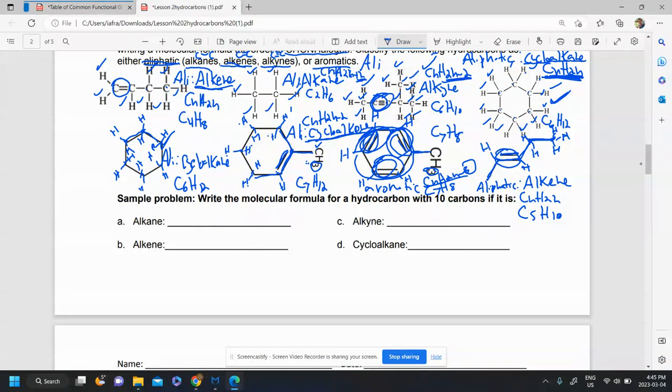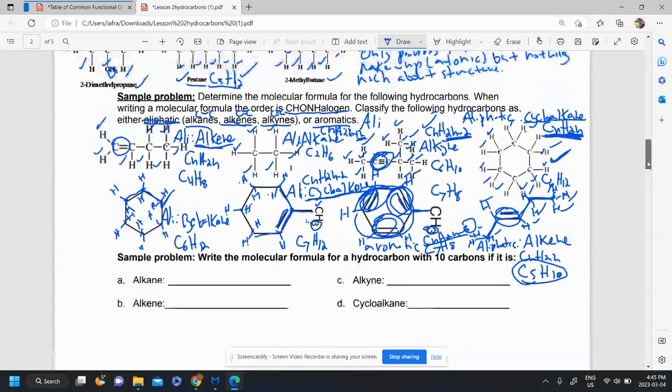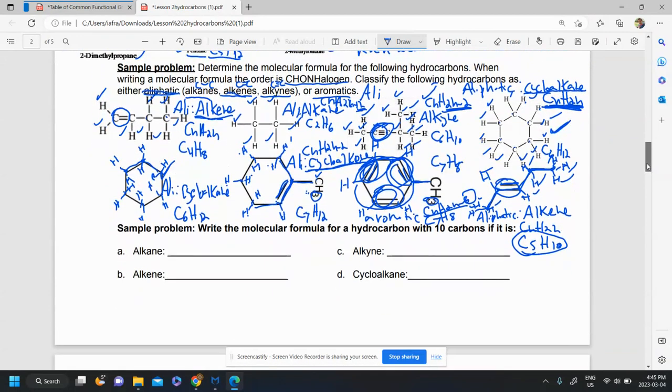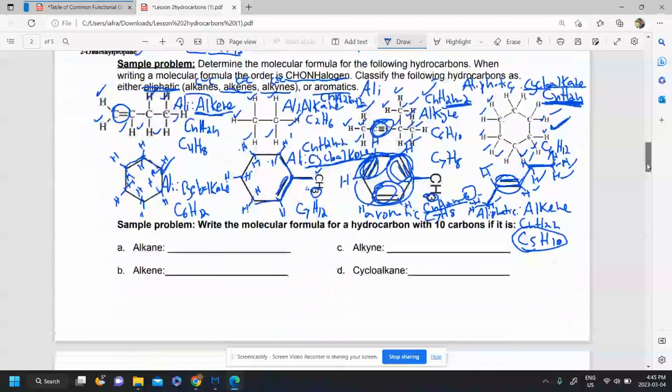This one here is just one thing connected to it, so it must have three H's. So 1, 2, 3, 4, 5, 6, 7, 8, 9, and 10. C5H10.